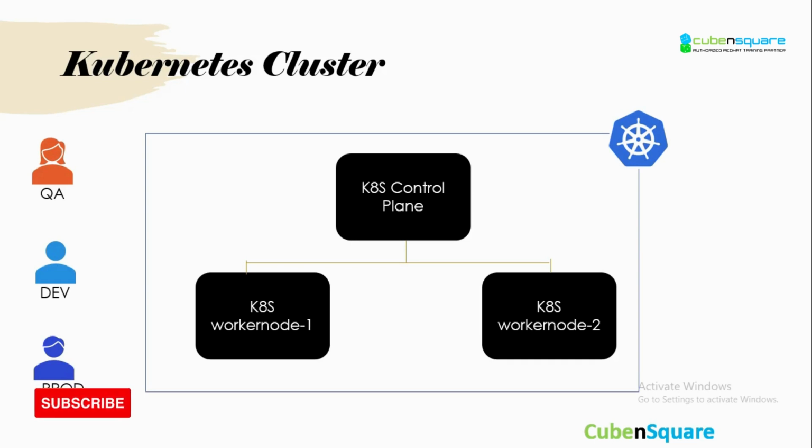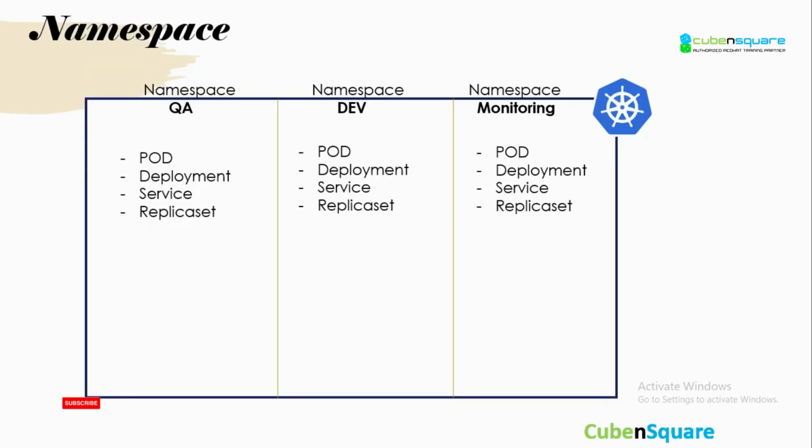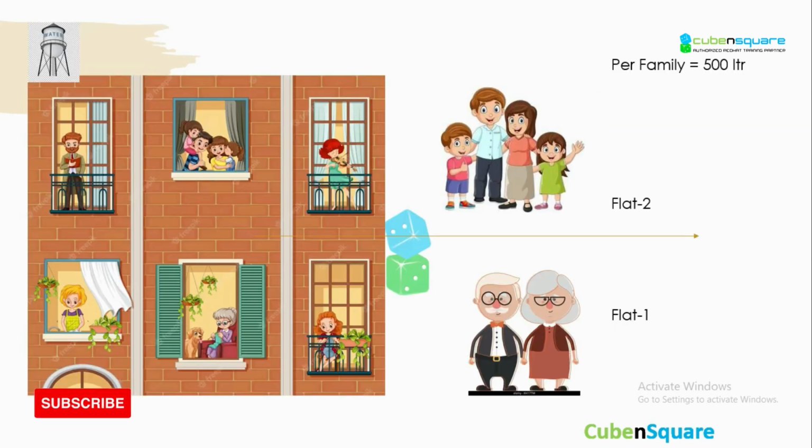So how do I do that? That is where the namespace comes into the picture. We can relate this to a flat system. I have flat 1 and flat 2, meaning I have isolated both the families so that each family can have their own space.